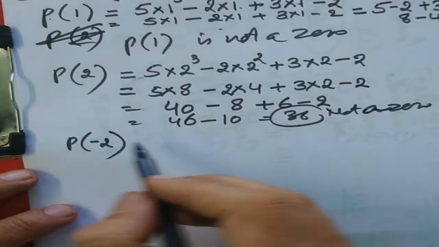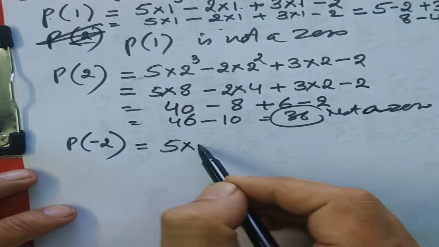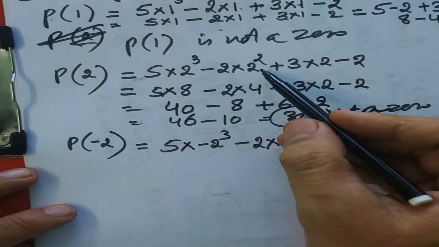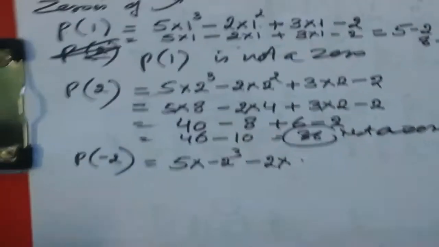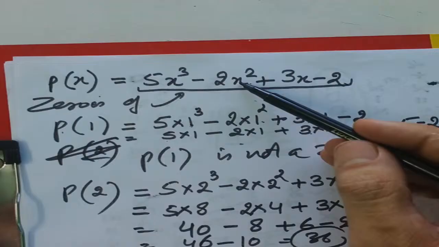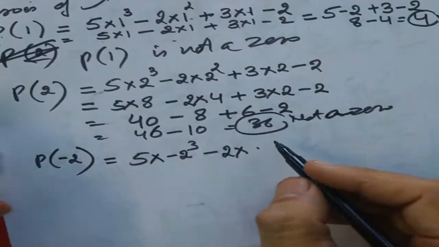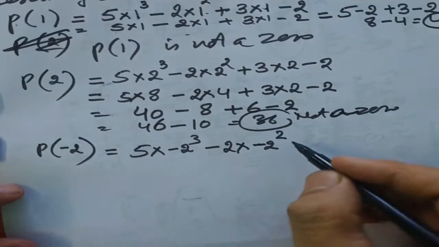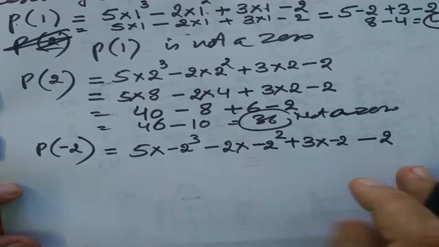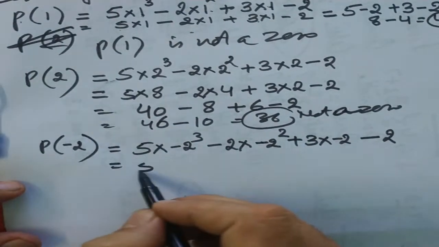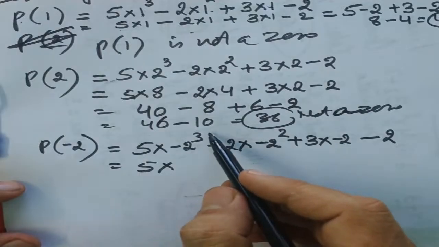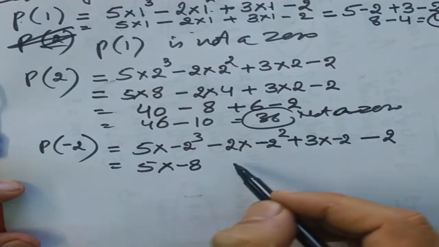If I write minus 2 now, it will be 5 into minus 2 cube minus 2 into minus 2 square plus 3 into minus 2, and then minus 2. Replace x with minus 2. So it will become 5 into minus 2 cube. Minus 2 into minus 2 into minus 2 is minus 8.